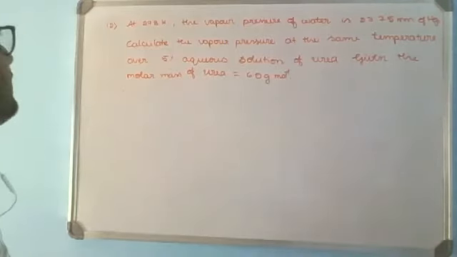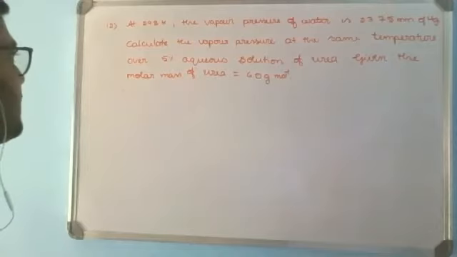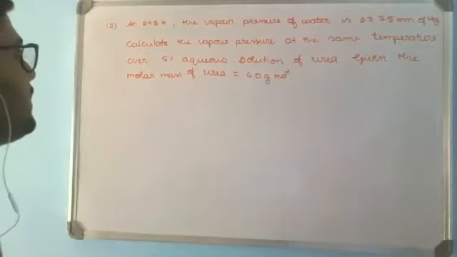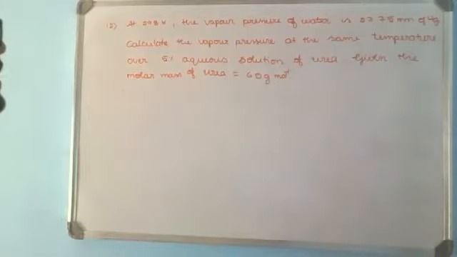That is, at 25 degrees Celsius, the vapor pressure of the pure solvent water is 23.75 mm of Hg. Calculate the vapor pressure at the same temperature of a 5% aqueous solution of urea.